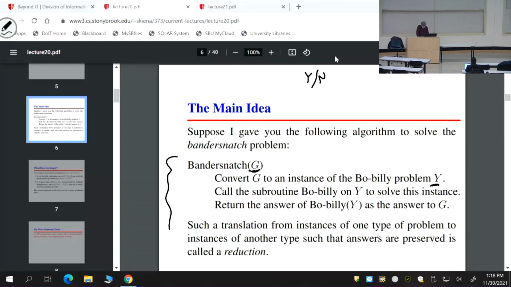And it calls Bobilli of Y and returns that as the answer to Bandersnatch of G. And this algorithm is 100% correct if this conversion program has the property that Bandersnatch of G is always equal to Bobilli of Y.